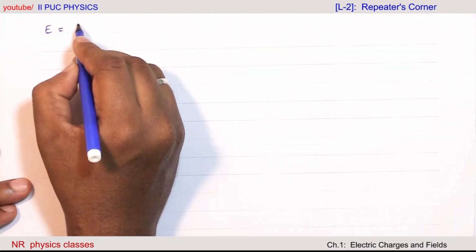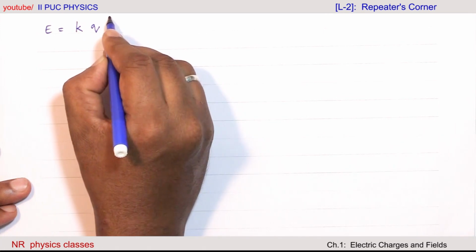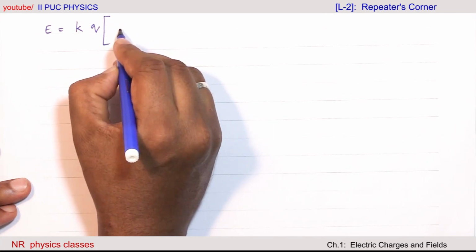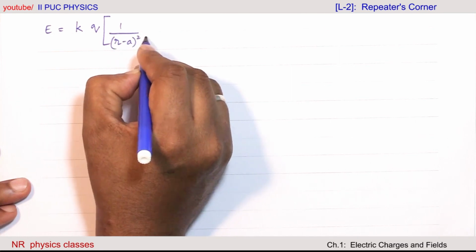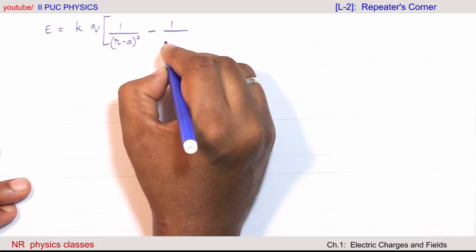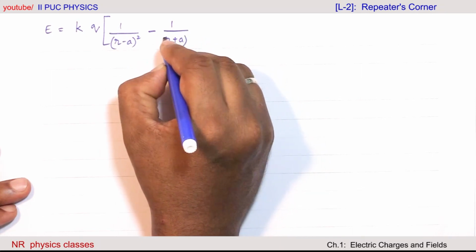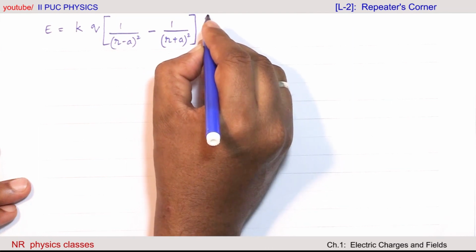So common factor is constant Q, remaining 1 by R minus A whole square minus 1 by R plus A whole square. There is also P cap.